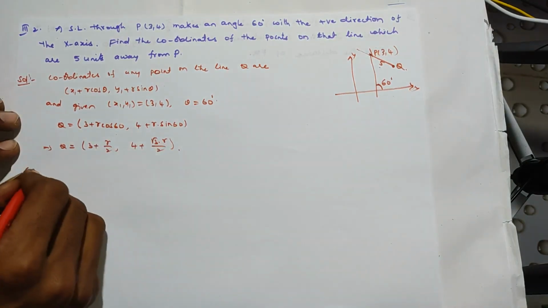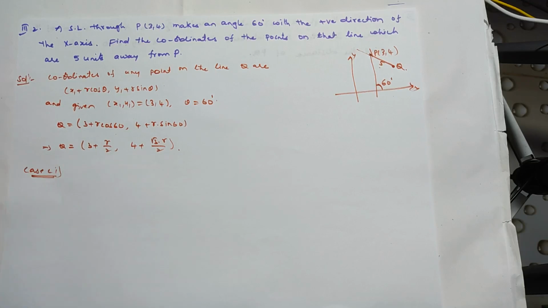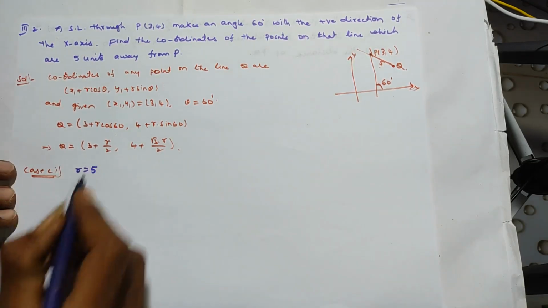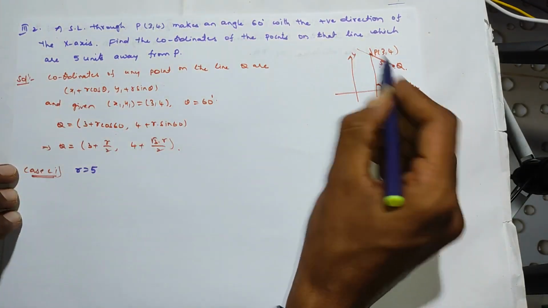Case 1, if r is equal to 5, equidistant 5 units away means plus 5 or minus 5, whatever it may be.